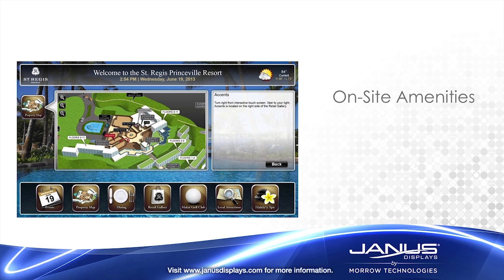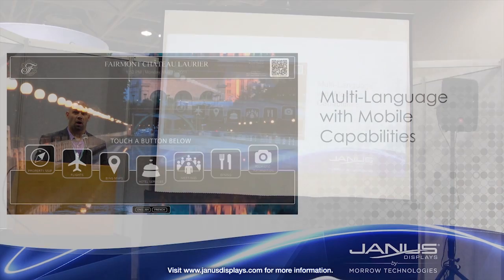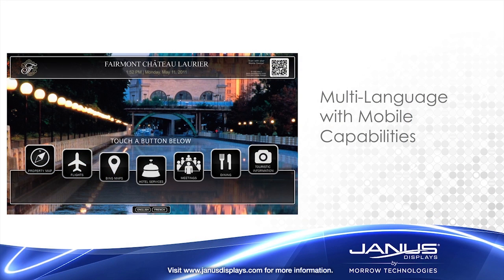And then the last couple examples that we're showcasing here under the interactive capability is the functionality to enable multiple languages. So as I personally started traveling up in Canada, the question inevitably came up, well, what about incorporating French along with English? And this particular project for the Fairmont Chateau Laurier in Ottawa is one where we have both French and English as the selection you can make from the home screen.